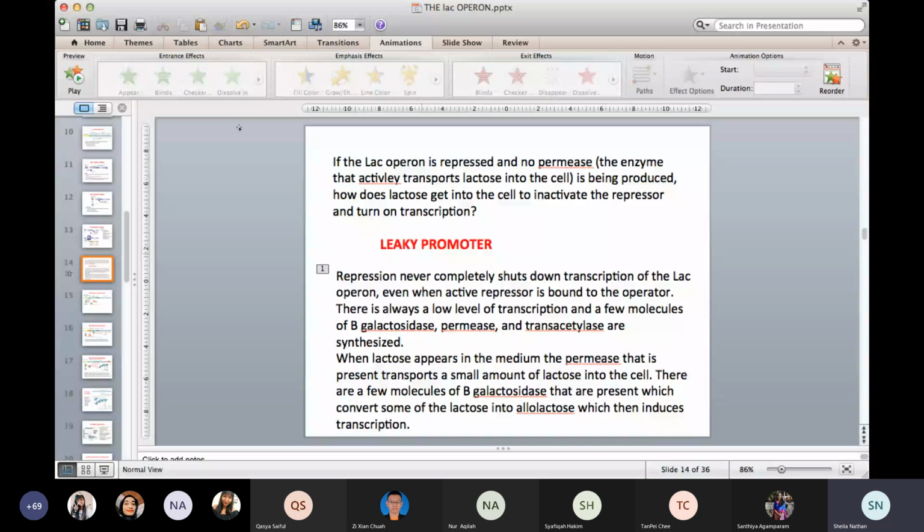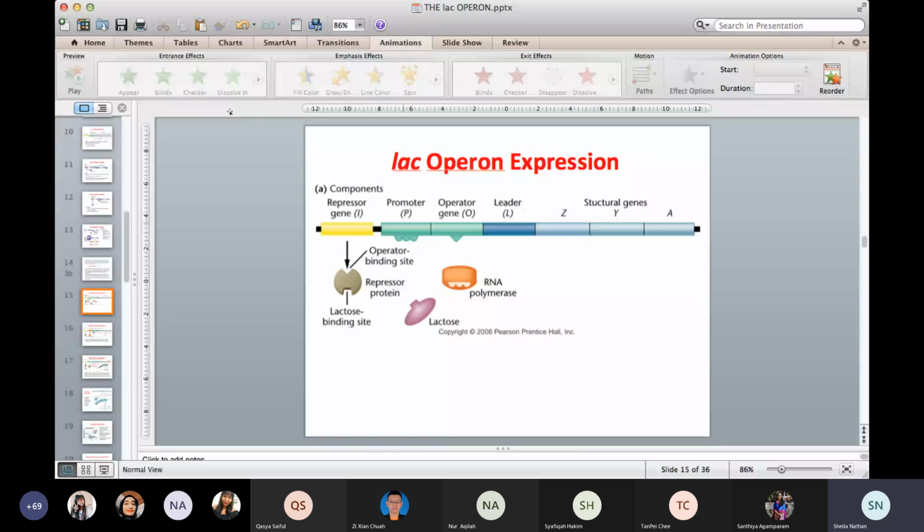Leaky promoter means that this promoter is never completely shut off. There is still a little bit of transcription of the Lac Operon taking place all the time. It is not constitutive like the promoter for the repressor gene, it is just leaky.